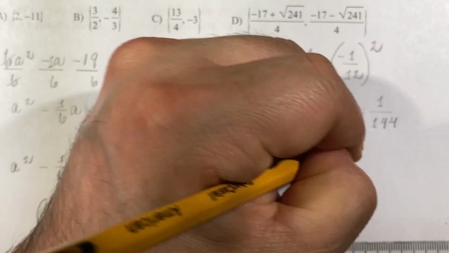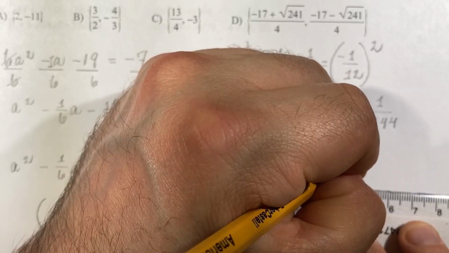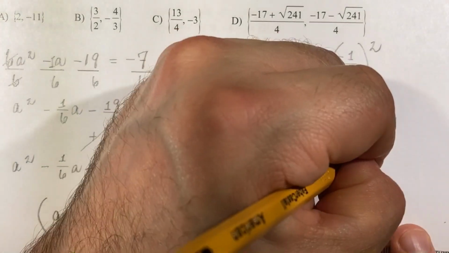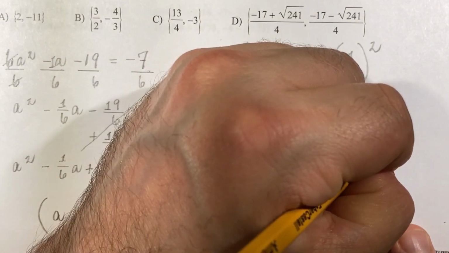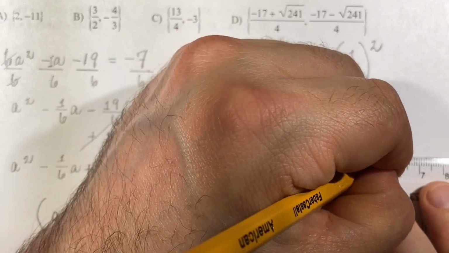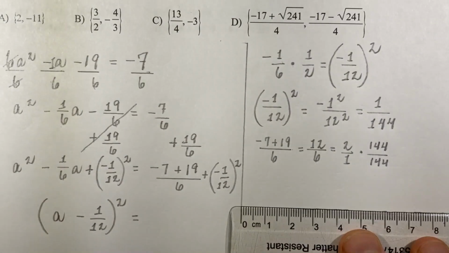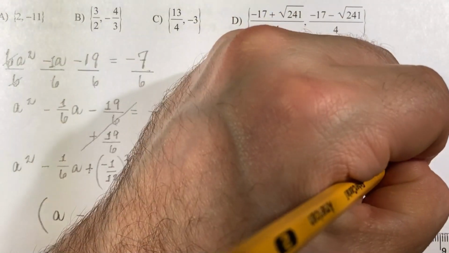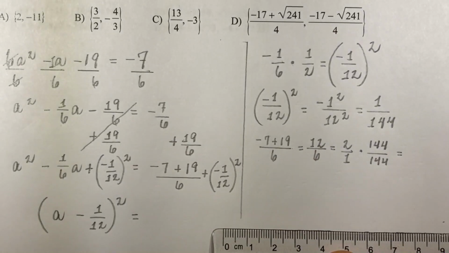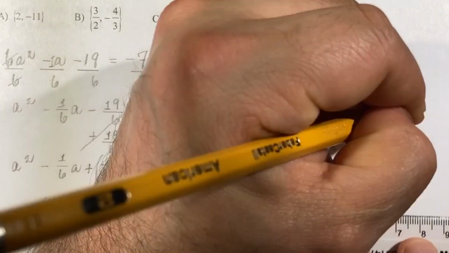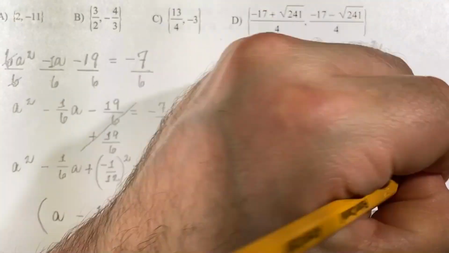And so we're going to write 2 over 1 to leave it as a fraction. And then we're going to multiply by 144 over 144 so that we give that denominator 144. Well, 2 times 144 is 288. Just double it in your head. Over 144.